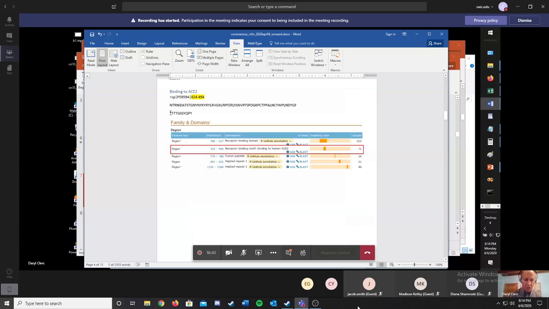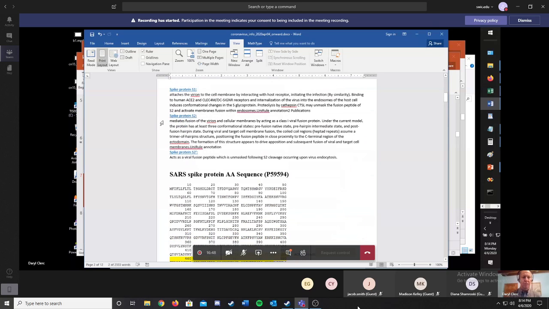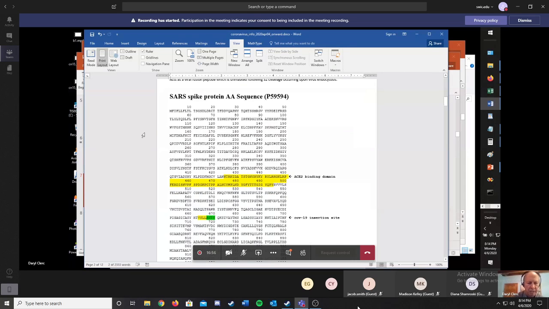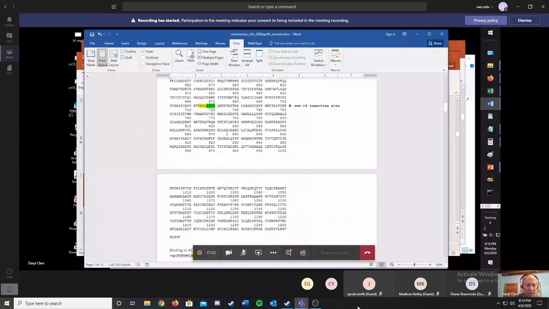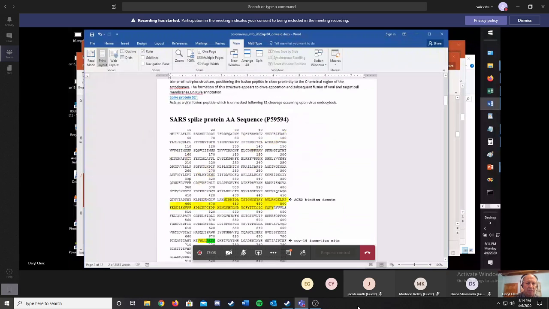Okay, so let's go up here to an example of a spike protein. This is a SARS spike protein. It is 1,255 residues long. Let me zoom in on this.